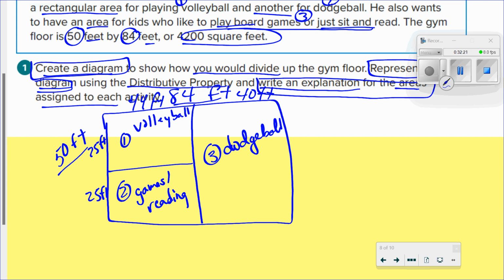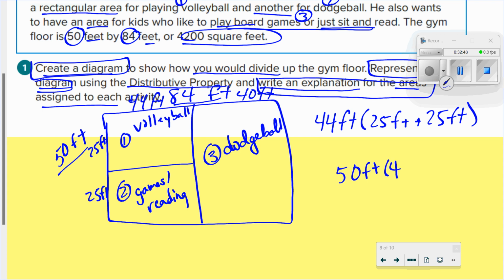I would say we did the 25 feet. Actually, 45 feet times 25 feet plus 25 feet, 44 feet times 25 feet by 20 plus 25 feet for the one side. And then the other one would have been 50 feet times 40 feet. I know. I'll probably rethink that before we teach it again, but that's okay.